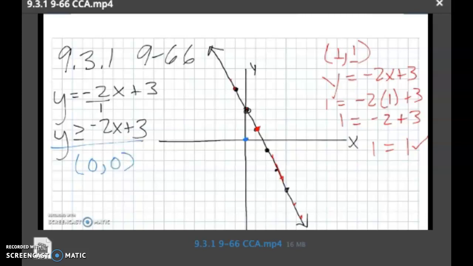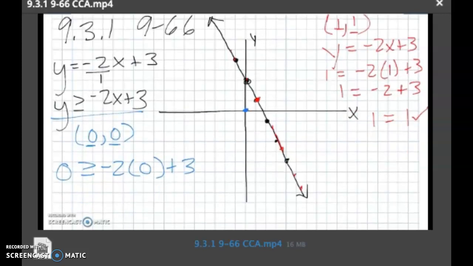So I want to test the point 0, 0 and see what happens. I'm putting 0 in for y. So I have 0 is greater than or equal to negative 2 times x. Well, my x is also 0. And then I have plus 3. So negative 2 times 0 is 0, plus 3.